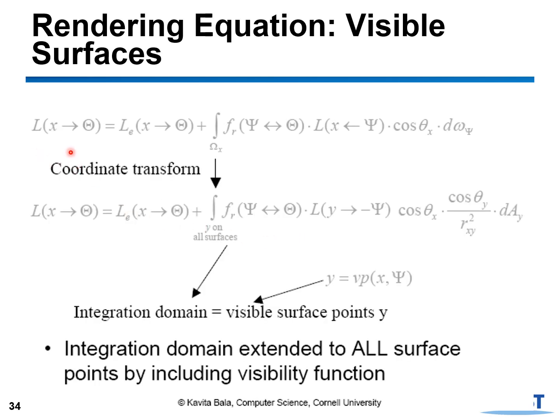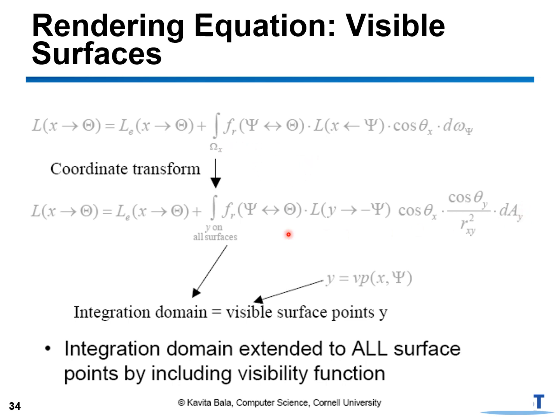Then this is the previously defined rendering equation in the hemispherical coordinate. We changed this integration over the solid angle into an integration over any visible point on all surfaces, over the differential area.